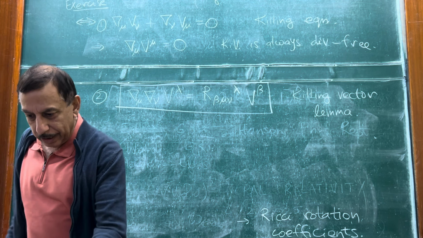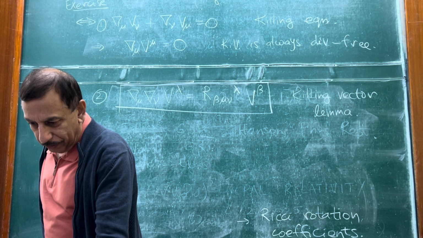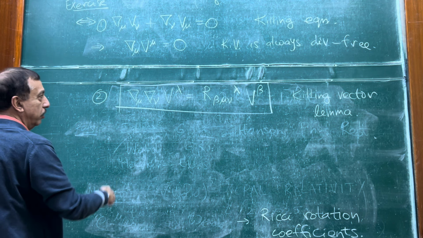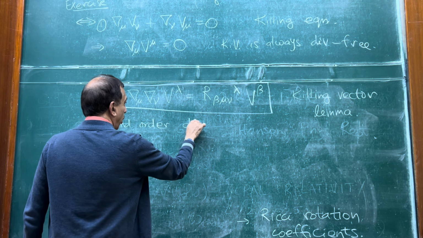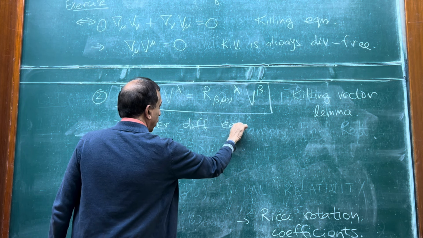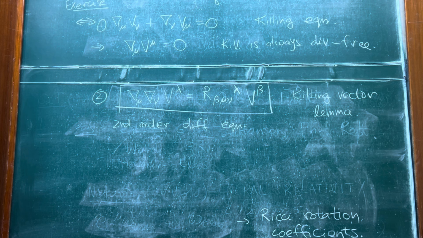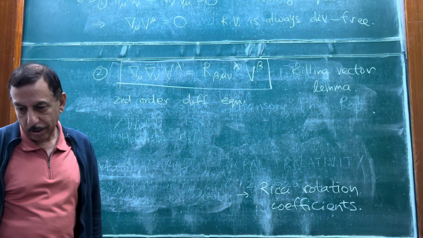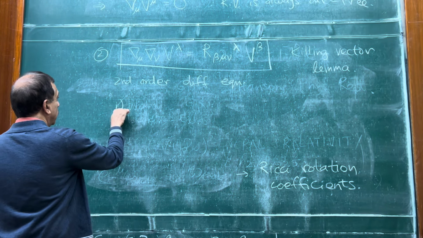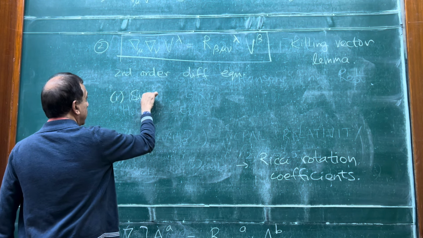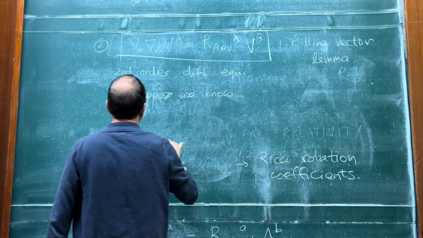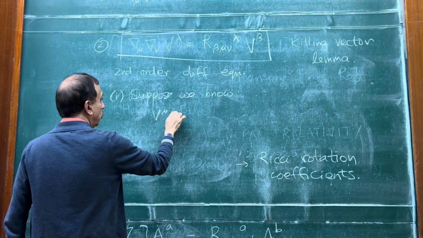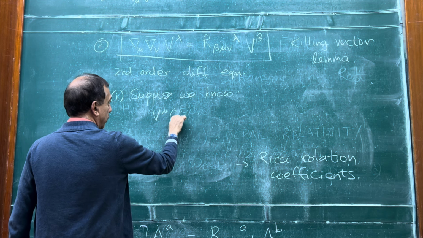So there are many nice things to say about this equation. First of all, it's a second order differential equation. Wald has some nice comments about it in his book, and he even has a paper about it. Suppose it's a differential equation, how would we integrate it? Well, we'll need initial conditions. So let's assume we know V mu at some particular point P of the manifold.